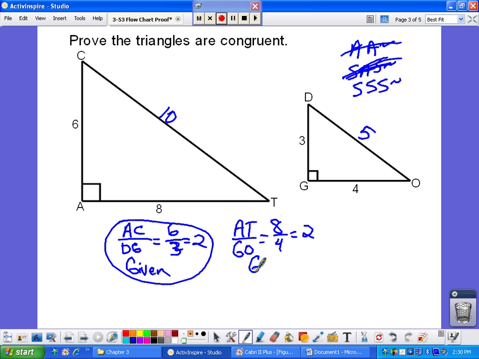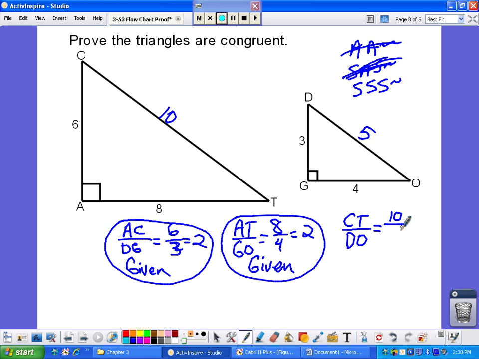And again, just given to me. Then the last side, I have CT over DO, and that's the same thing as 10 over 5, which gives me 2. Beautiful. Proportional, huh? All the sides make the same fraction. I know this because I used Pythagorean's theorem, so I'm going to abbreviate Pythagorean's theorem. And that's how I got those values.